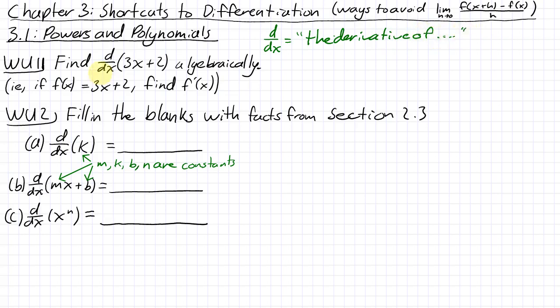So this means the derivative of the function 3x plus 2, and that's another way of saying if your function is f of x equals 3x plus 2, find f prime of x using the definition of the derivative, the limit of the difference quotient.